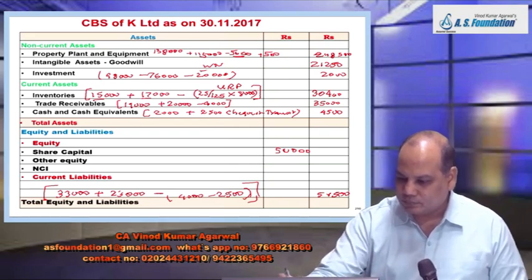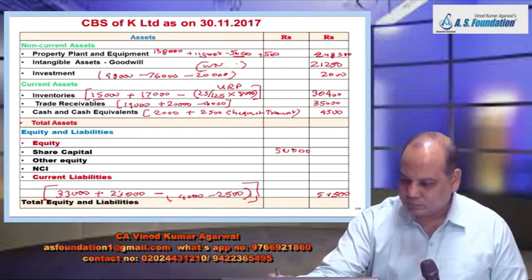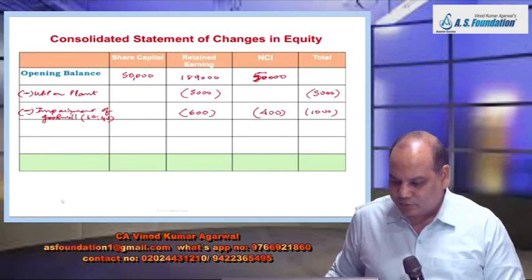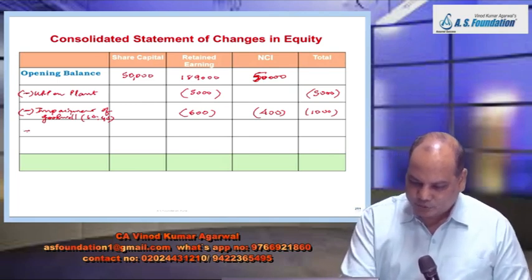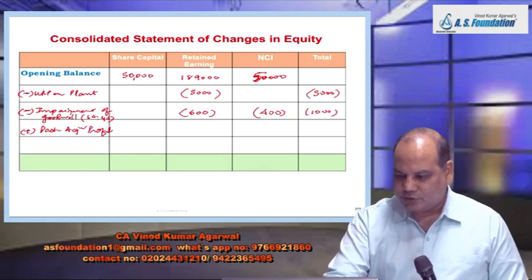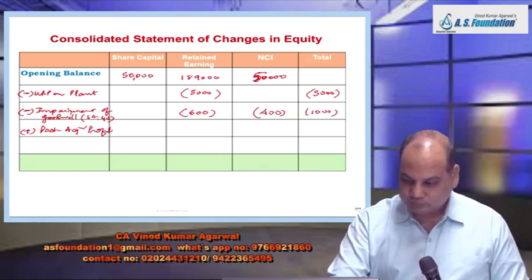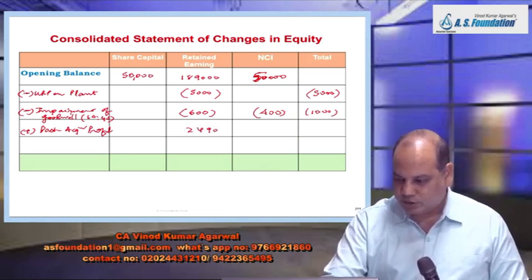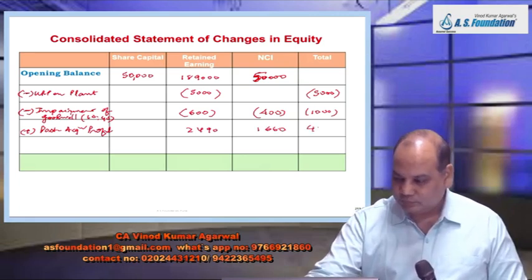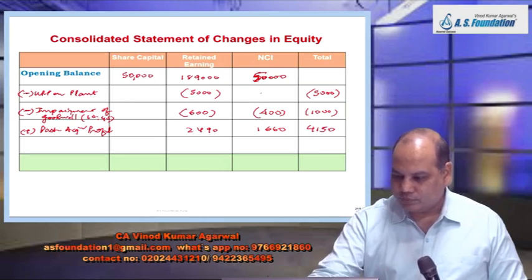Okay. And then let us come to statement of changes in equity. Add post acquisition profit. What is parent share retained earning? And NCI share, total. Okay.